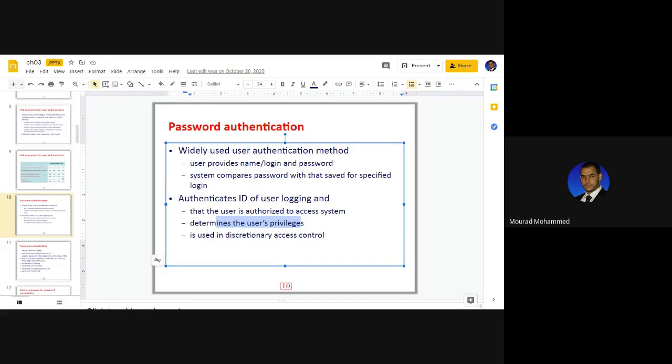To make you understand this process, we take the example of the university UA. Me as an instructor and you as students, we use the same username field, the same password field, and the same page to authenticate ourselves. But when I give the correct username and password, I can see all of your profiles, all of your courses, your grades.